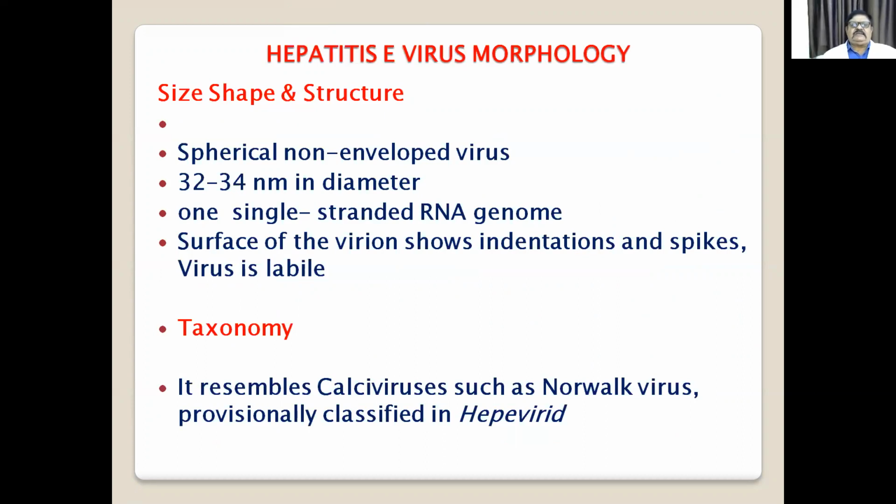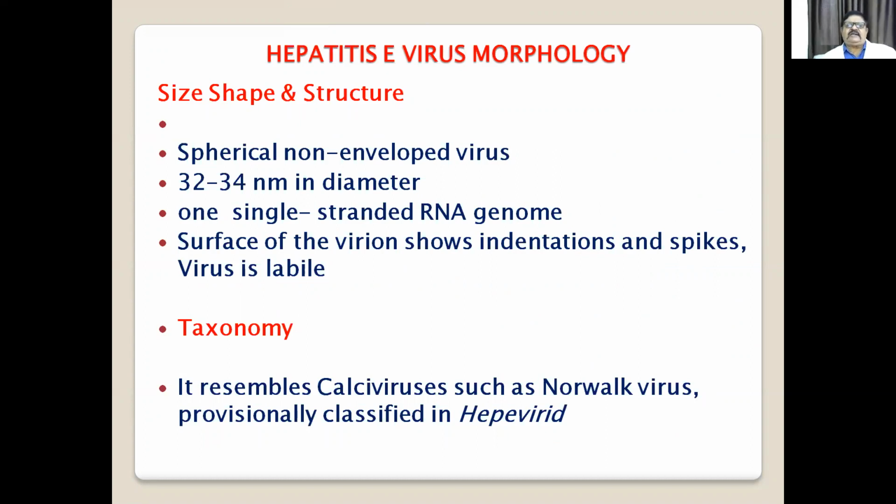Size, shape, and structure: it is a spherical, non-enveloped virus, 30 to 34 nanometers in diameter. Earlier, as with HDV, we thought of it as a 36 nanometer particle, and again it has a single-stranded RNA genome.